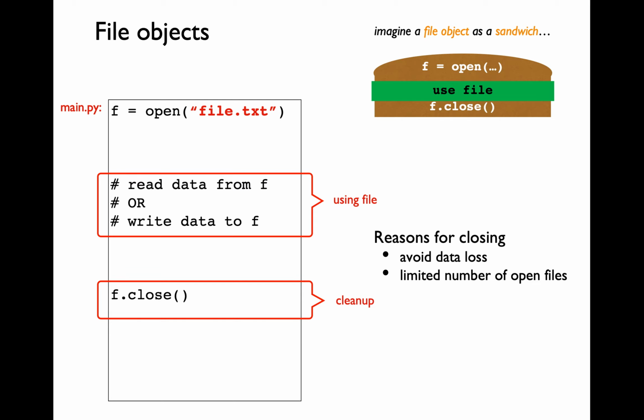The second reason for ensuring that you're using the close function call is because you're only allowed to have limited number of open files within a program.